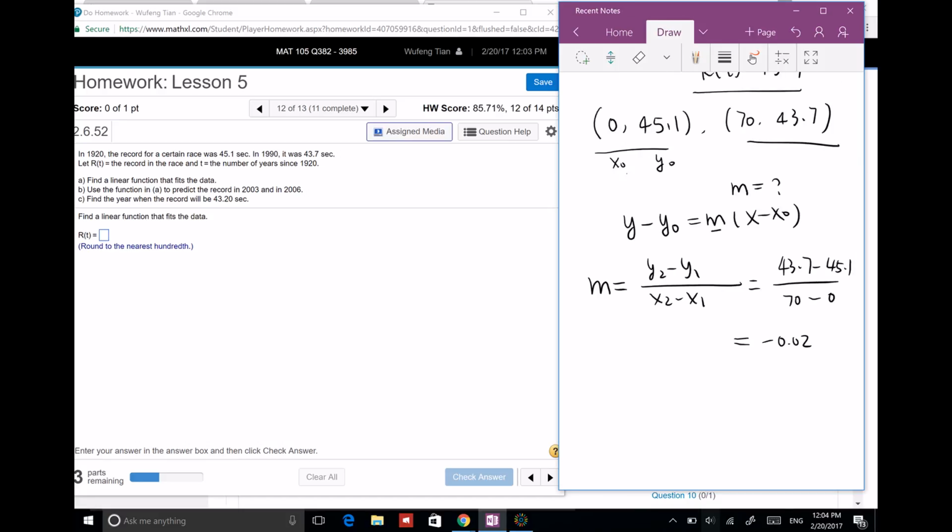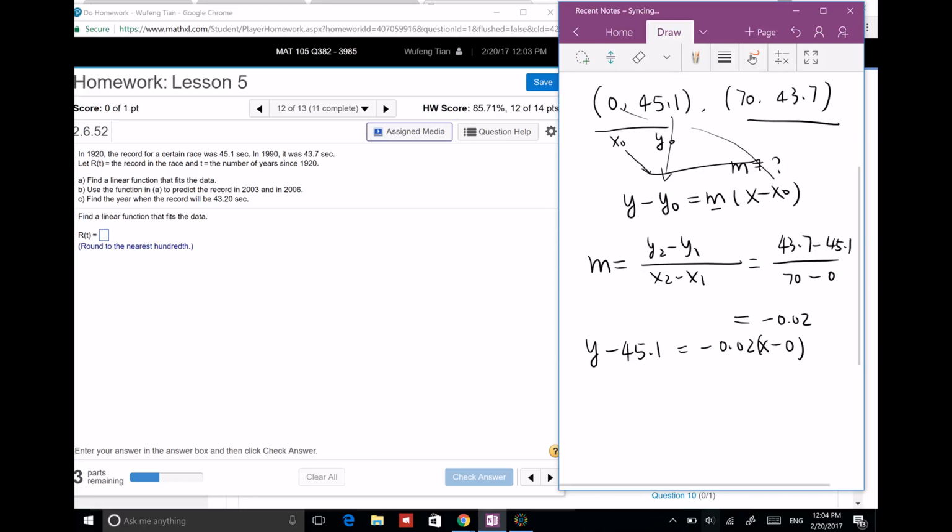Now x0 is given, y0 is given, so we just use the formula. y minus 45.1 equals negative 0.02 times x minus 0. Use this point. This is x0, this is y0. Now I have the slope and the point, so I simplify, adding 45.1 on both sides.